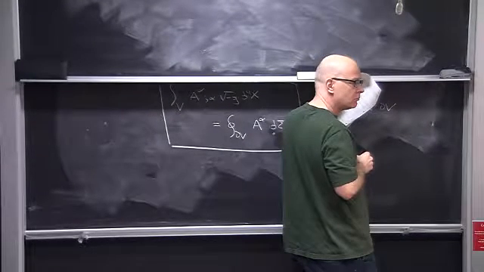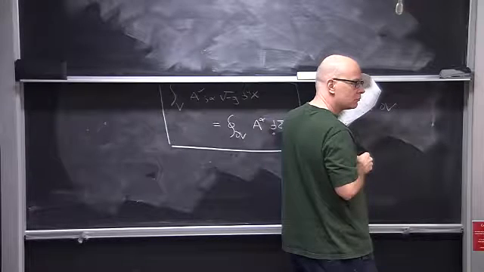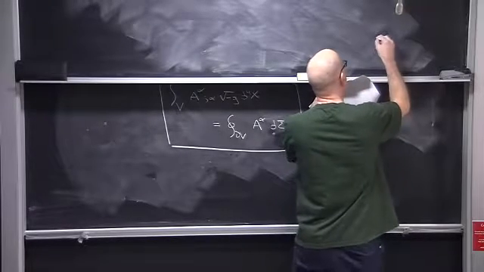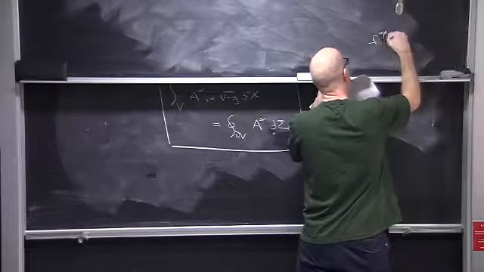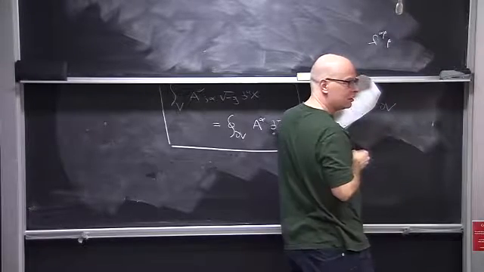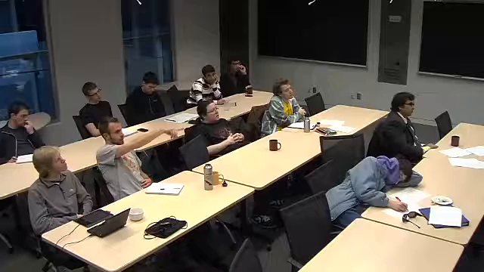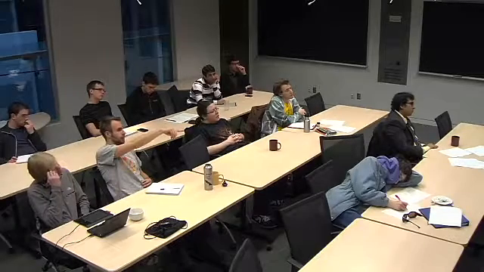So F alpha beta contracted with the covariant derivative in beta would be a vector. So F alpha beta, like this? Yeah, with a covariant derivative on the bottom. Like this? Yes. And then integrate that over some volume.